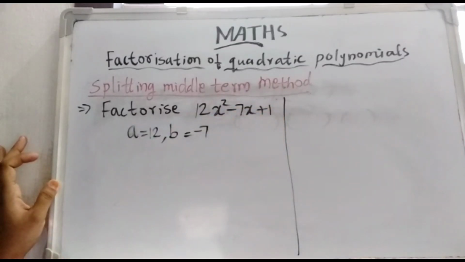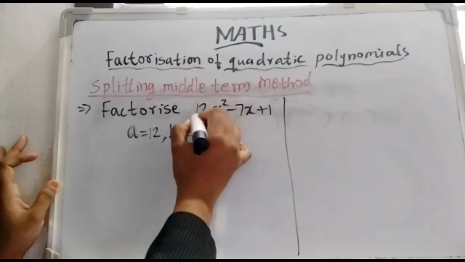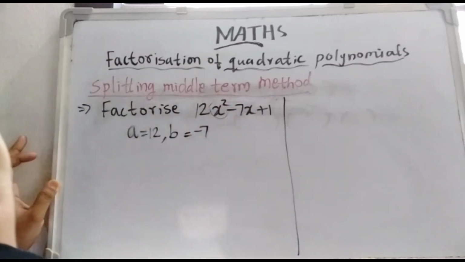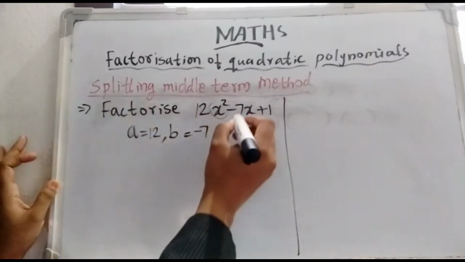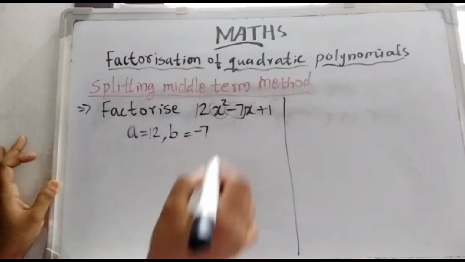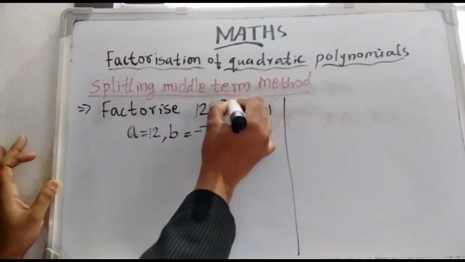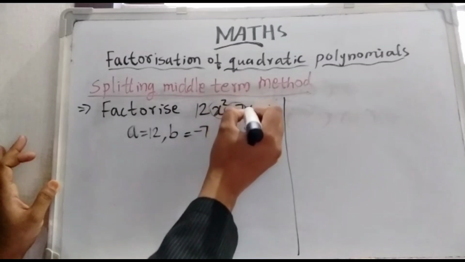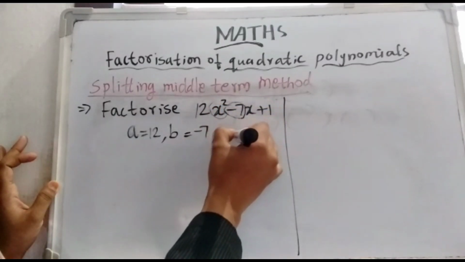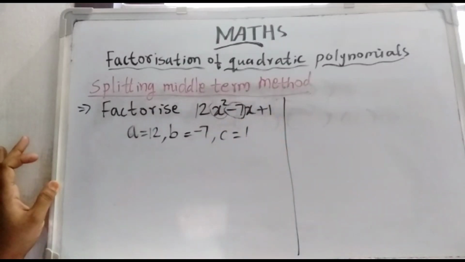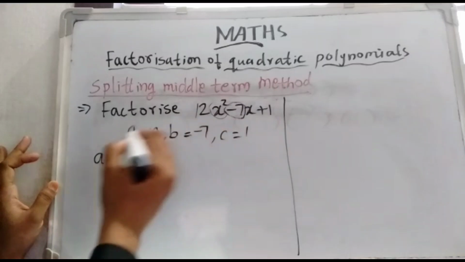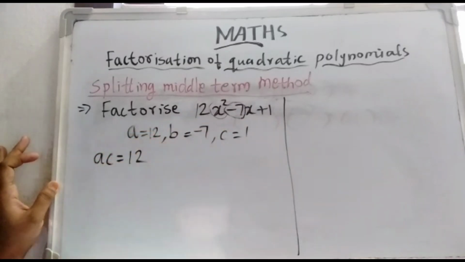All of you please listen here, this is very important. 12 is the coefficient of x square. b is the coefficient of x, the term multiplied by x, that is minus 7. c is equal to the constant, 1. Then what is ac? a into c, 12 into 1, that is 12.